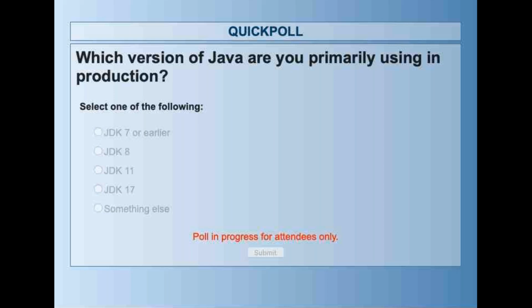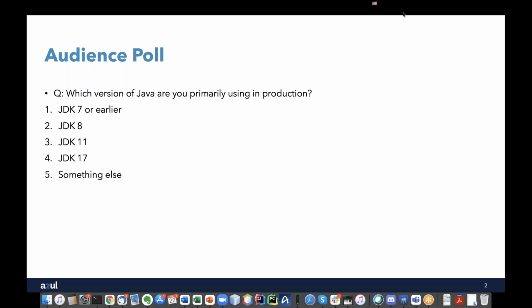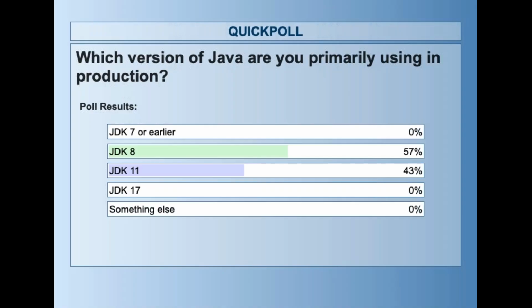So I think we've had a few seconds, and I'm sure that everybody's had a chance to answer that now. So if we could bring up the results, we'll have a quick look at that and see what people have said. Okay, there we go. Oh, interesting. Yes. So I did this presentation this morning in the European time zone, and everybody in the audience was using JDK 11.